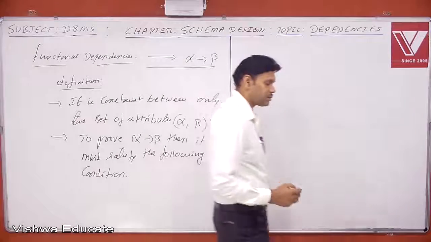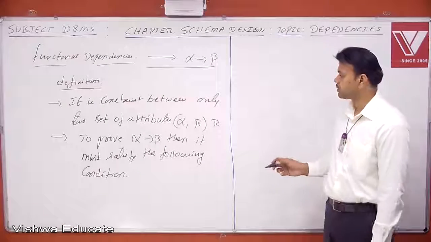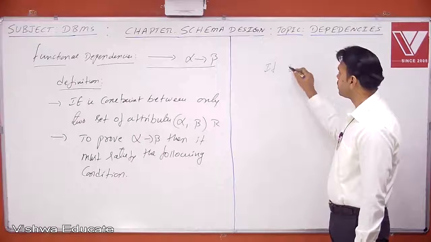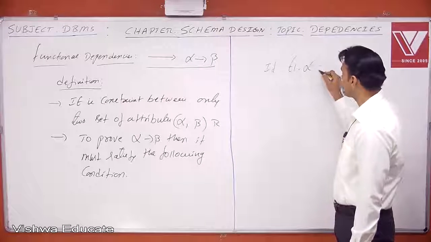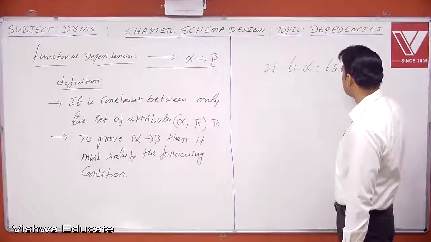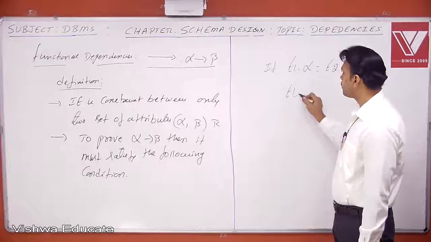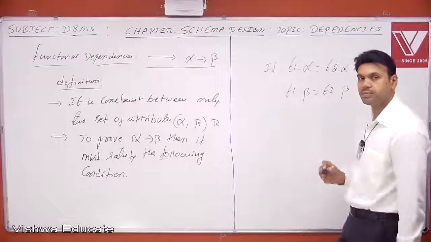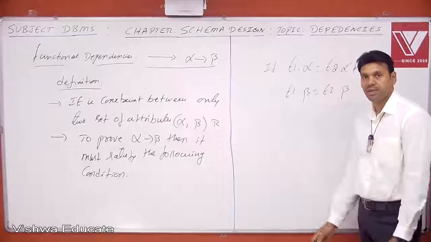So what is the condition? The condition is like this. That is, if tuple 1 dot alpha is equal to tuple 2 dot alpha, then tuple 1 dot beta is equal to tuple 2 dot beta. Very simple condition.